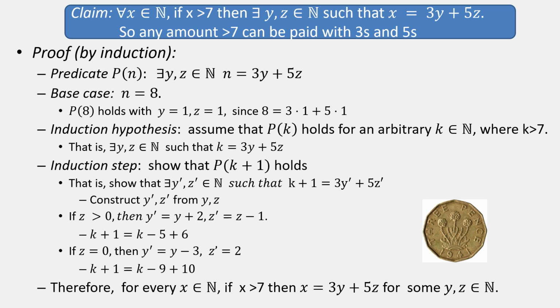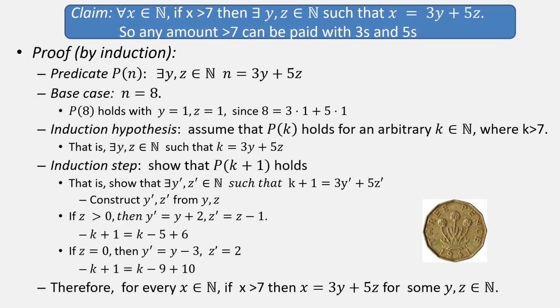So we want to show that we could pay k plus 1 using some number of 3s and some number of 5s. And for that, we could crucially rely on the fact that we know how to pay k. So now it's a similar analysis to our well ordering principle proof. We want to construct the new y and the new z out of the original y and z for the k.